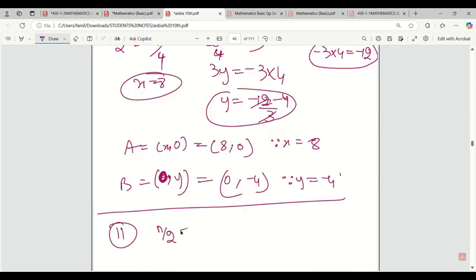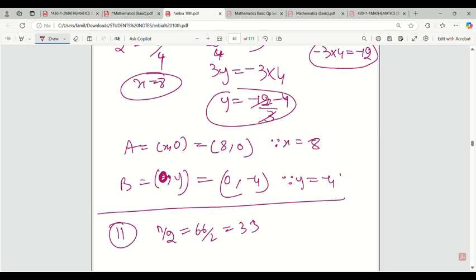So in this question number 11, n by 2 will be 66 by 2, which will be 33.